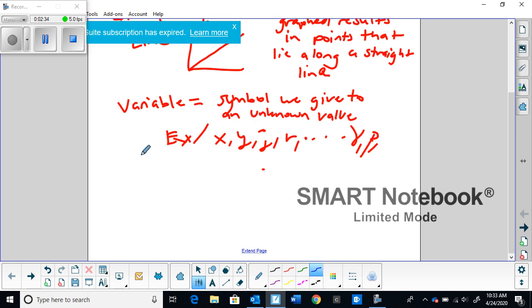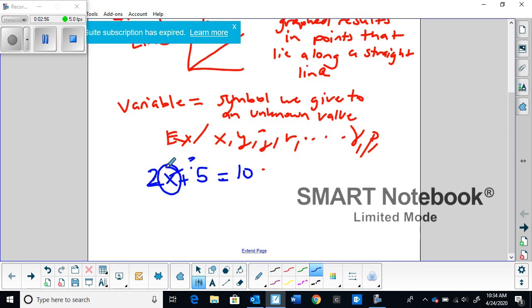So let me write a linear equation, for example. Let me say 2x plus 5 equals 10, okay? 2x plus 5 equals 10. So, right, we need to figure out what is X, okay? X stands for this unknown. It's that question mark, okay?